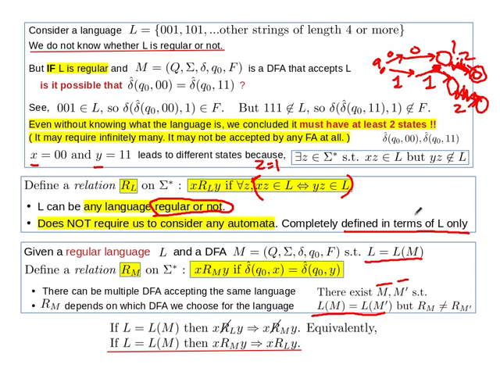So that immediately tells you that the index of Rm can't be less than the index of this RL, right? It immediately tells you that.